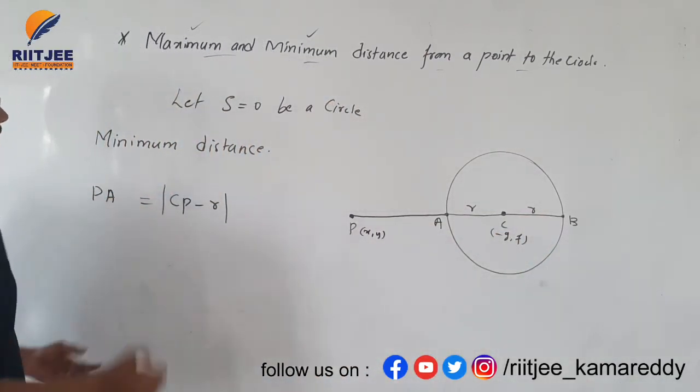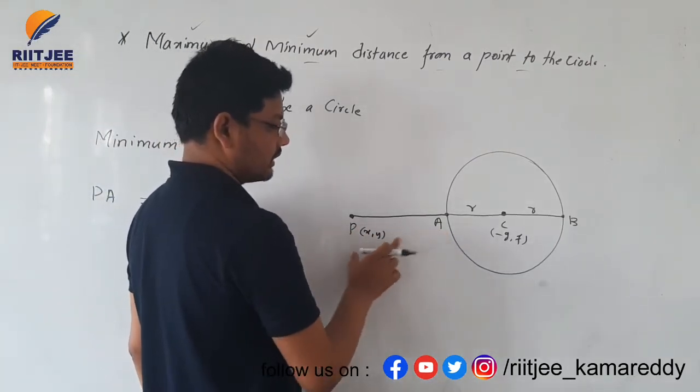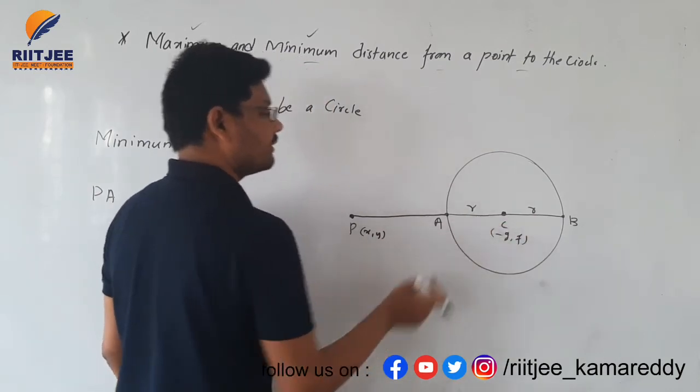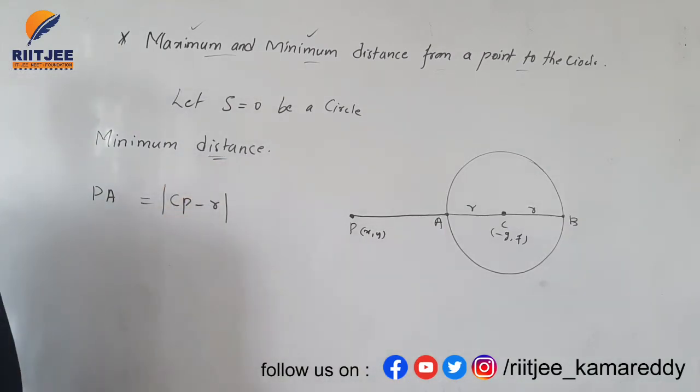PA is equal to CP minus R. CP minus R gives the shortest distance. This is the minimum distance.